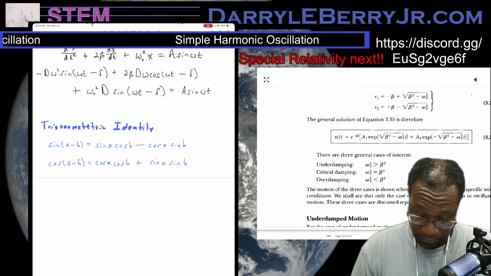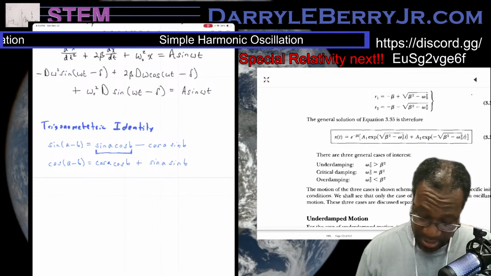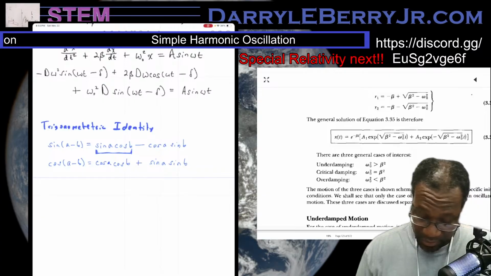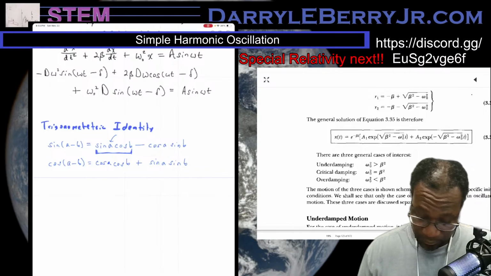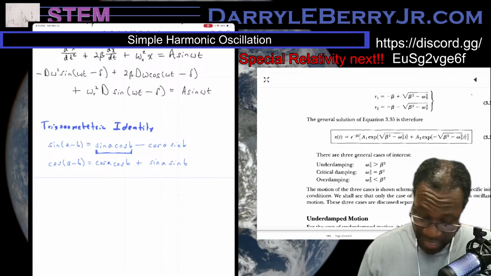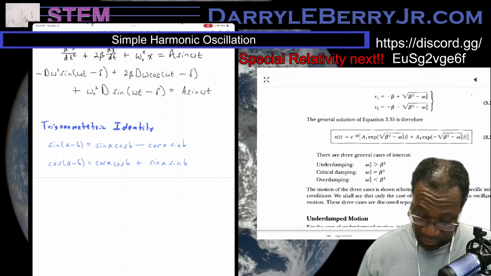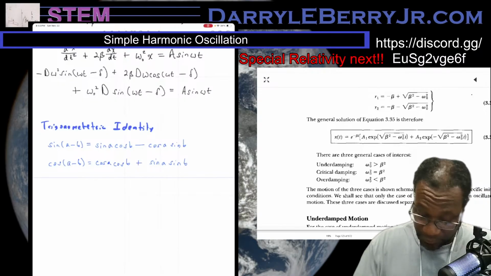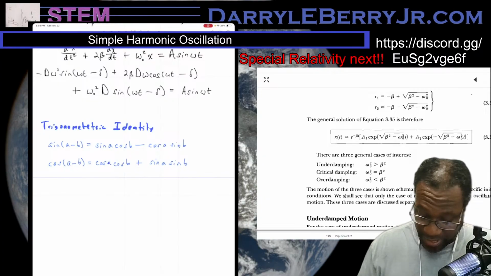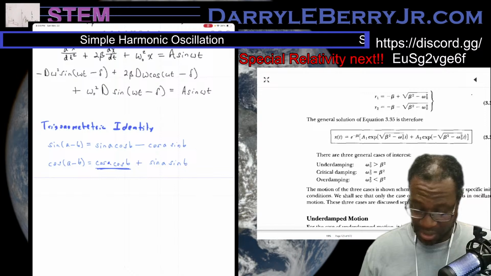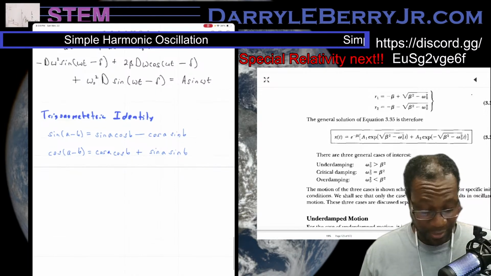So for the sine one, we alternate the sine and cosine: the sine of the first term is first, and then you subtract the opposite with cosine of a. For the cosine one, the minus doesn't matter because they're summed with each other. Just note that the cosine is the cosine of either term times the cosine of the other, plus the sine of either term times the sine of the other.